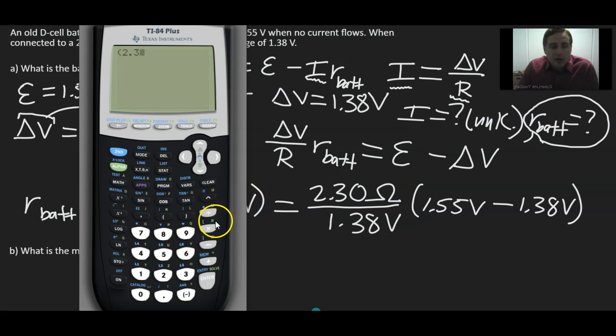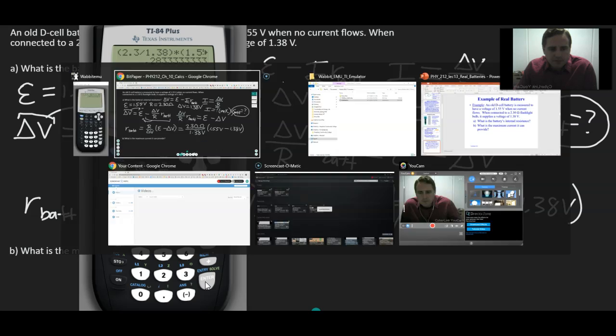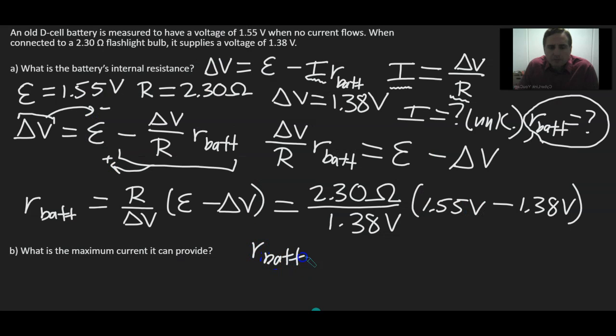We don't need to include the trailing zero because the calculator doesn't care about significant digits in the calculation. Divide by 1.38, and we have to multiply that ratio times the difference between 1.55 and 1.38. Okay, so let's hit enter. So I think we have 0.283. Let's write that down. R of the battery is approximately 0.283 ohms. Sounds good.